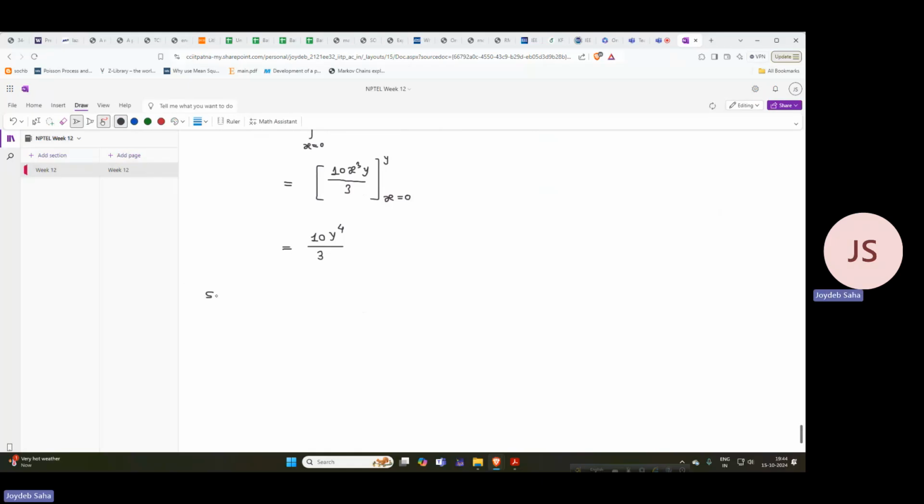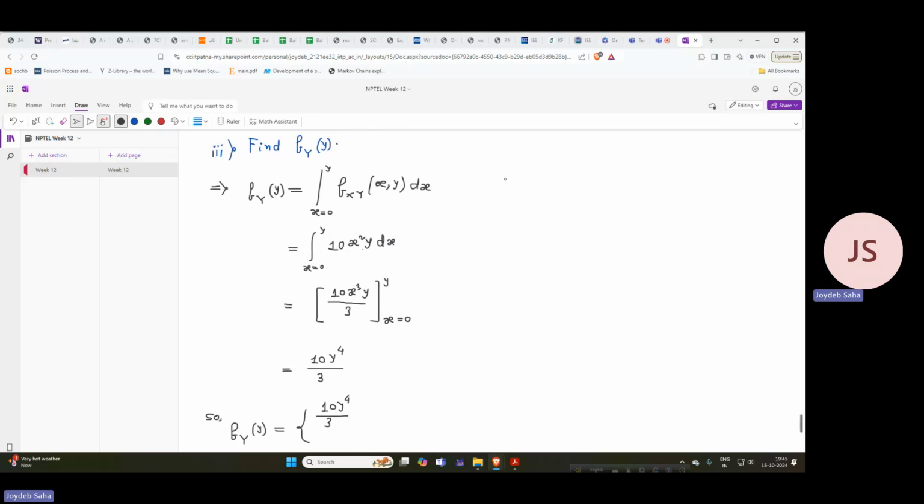So can we write f of y is equal to 10 y to the power 4 upon 3, but here what will be the condition of the limit of y?